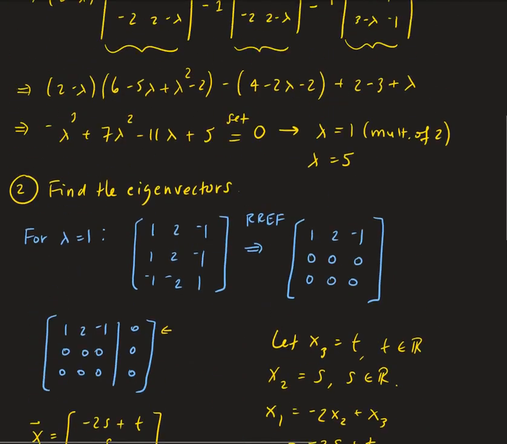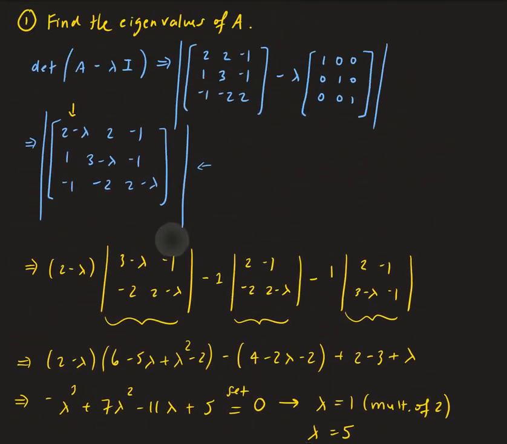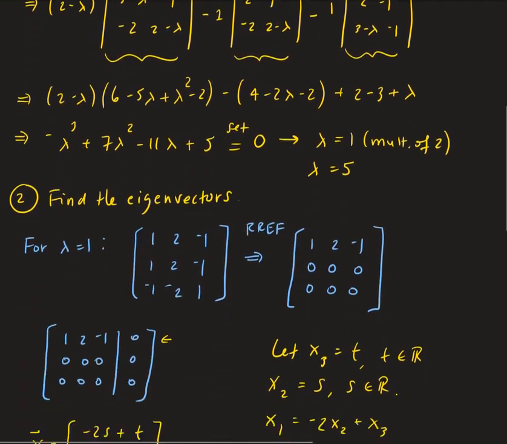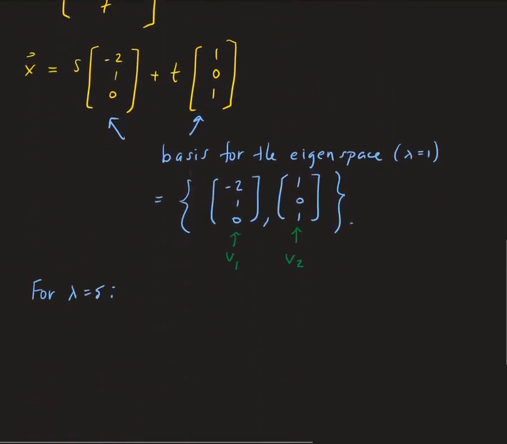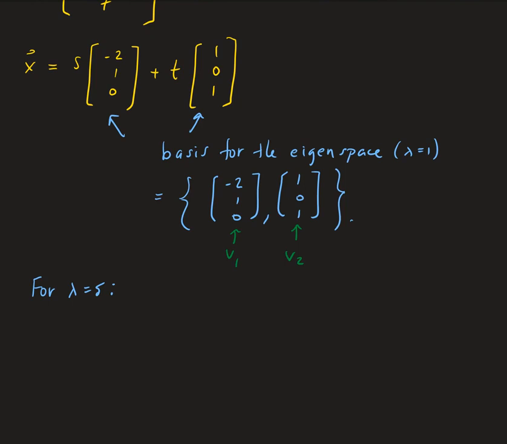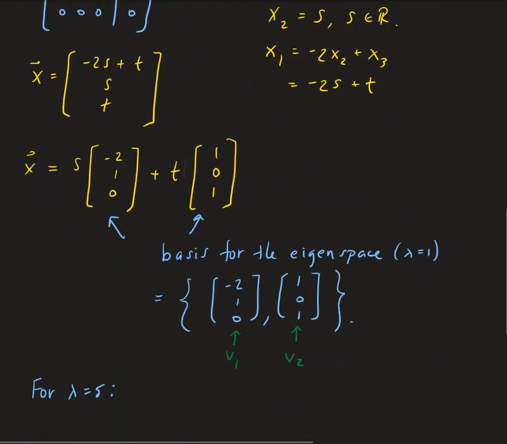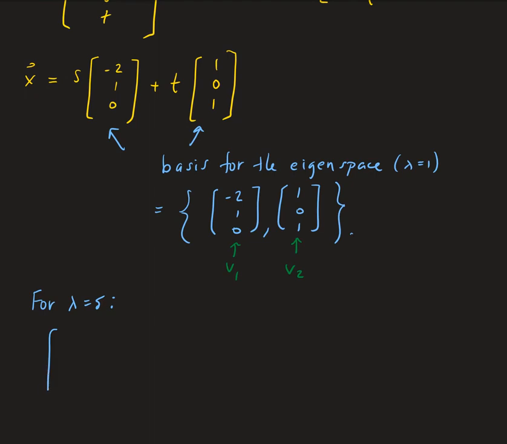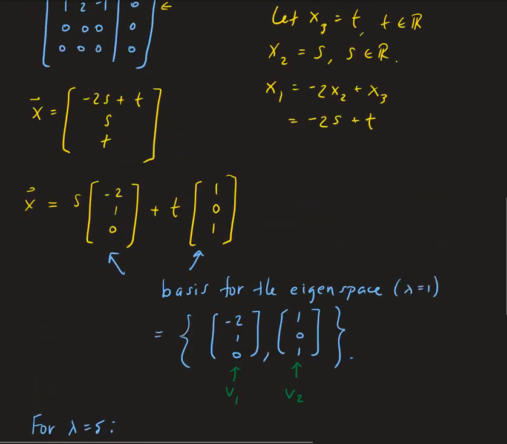Plugging lambda equals 5 back into the system here, we're going to get -3, 2, -1.